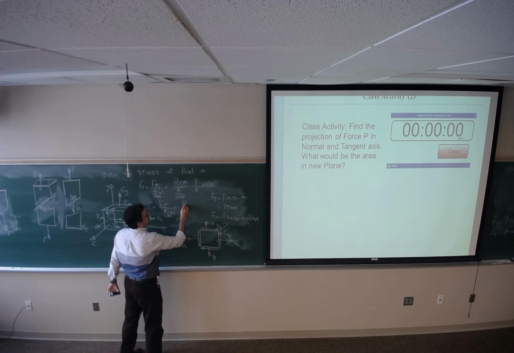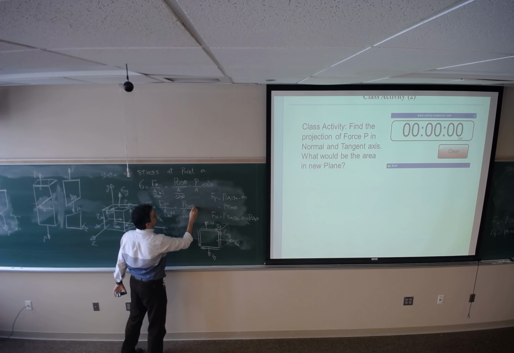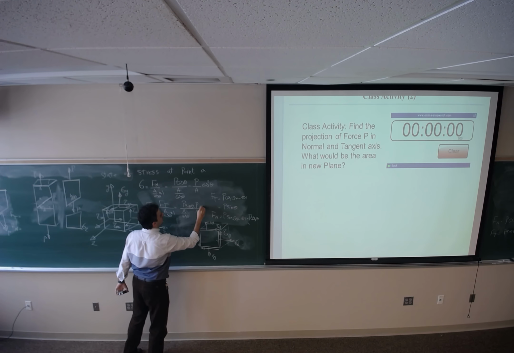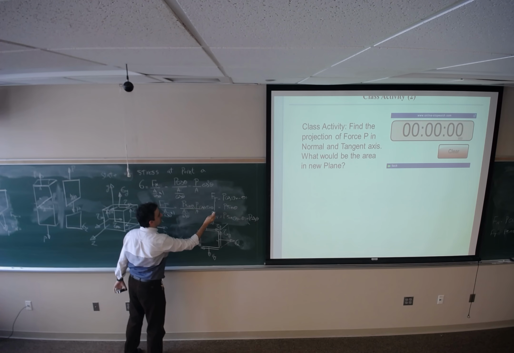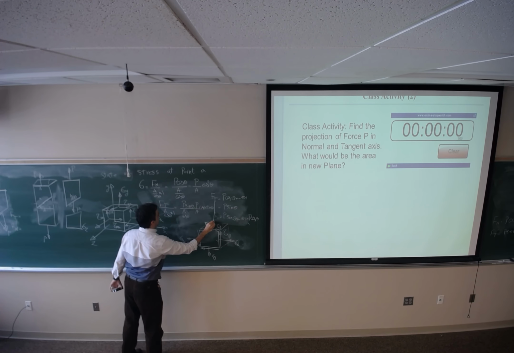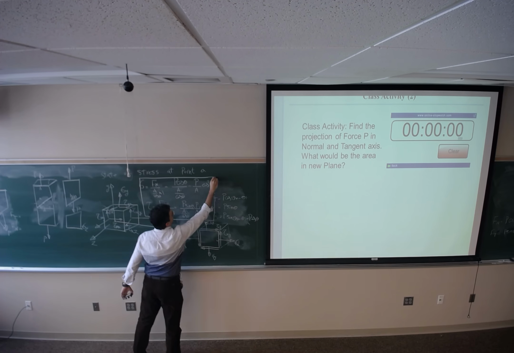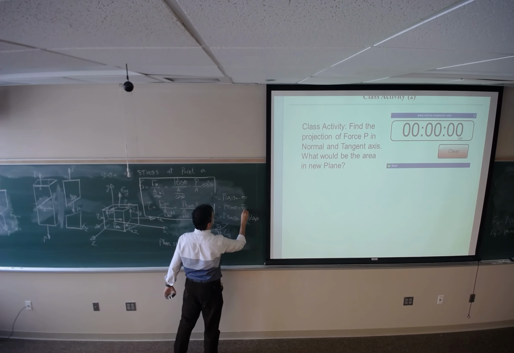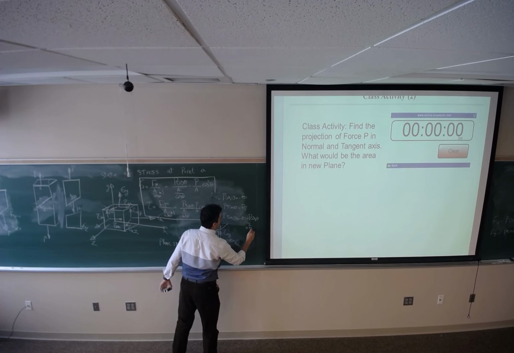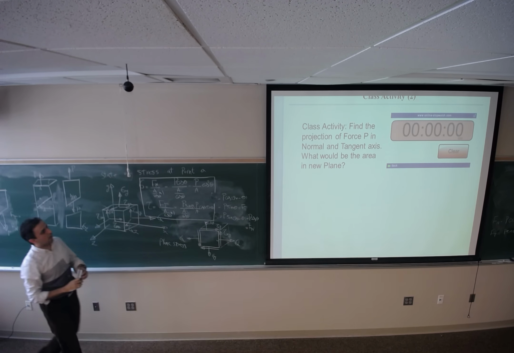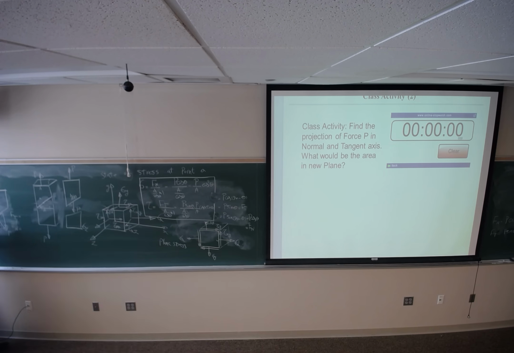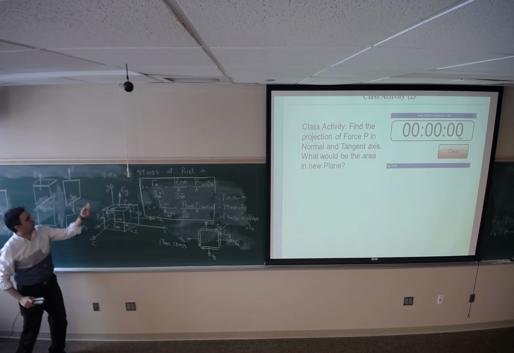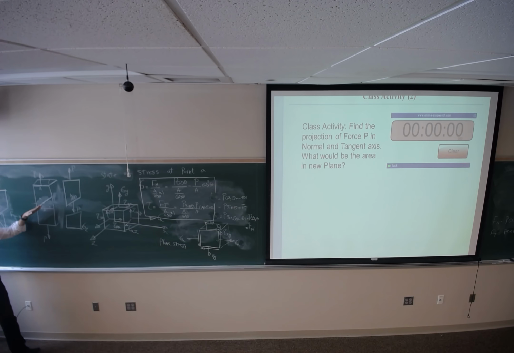P sine of theta divided by A over cosine of theta. P over A cosine of theta sine of theta. So I could find the normal stress and the shear stress applied to this plane, which has the angle of theta.